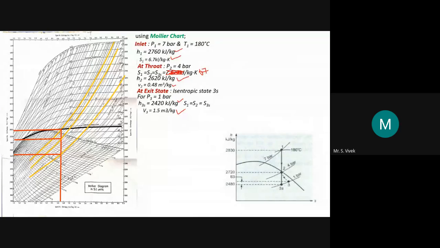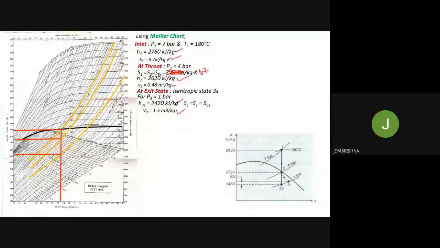If the V1 value is given in the problem, okay, so what we did in the previous, I hope a couple of problems before we solved this model. If the inlet velocity is given, there is a change in the velocity formula. What is that?